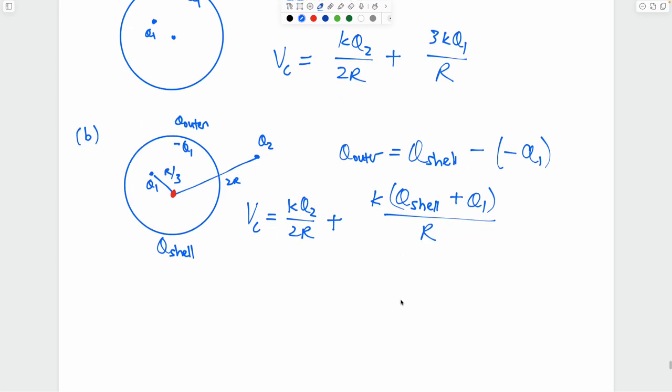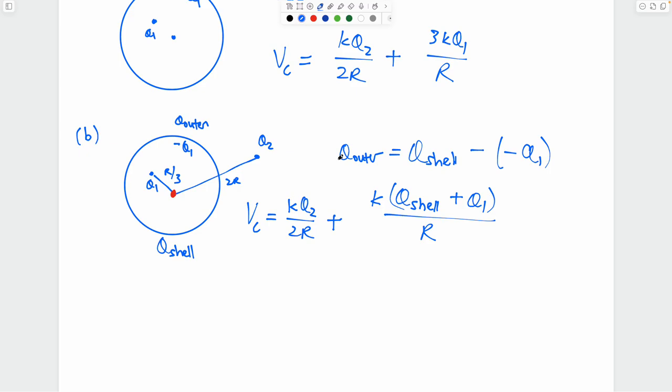Now, I want to justify why the potential at the center is the same as the potential on the surface. This might seem counterintuitive, but the explanation is actually quite simple.